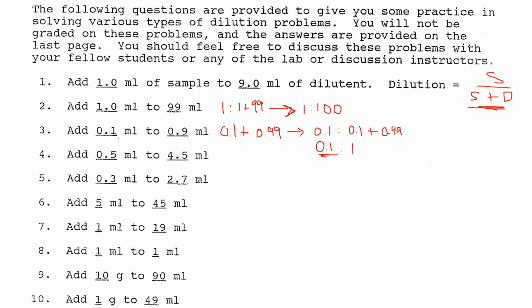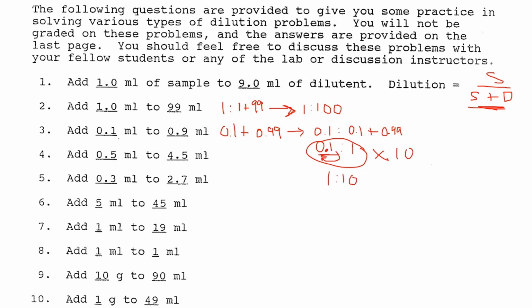To get rid of this decimal place, we can shift this 0.1 and turn it into a 1 by multiplying this whole thing by 10. So 0.1 times 10 becomes 1, and 1 times 10 becomes 10.